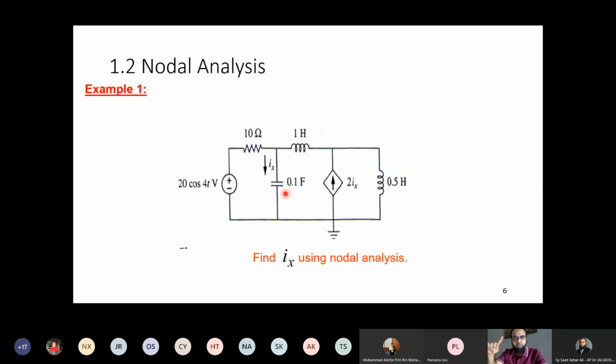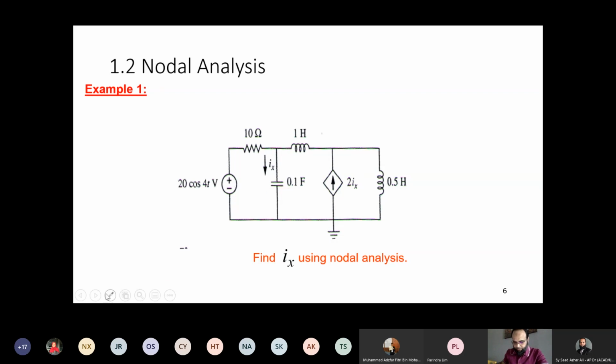Once again, remember, in resistive circuits we just have real values, but now we have frequency, so we'll have phasors. This means we'll be using complex numbers. Once again, a reminder for those who do not have a calculator that can solve complex calculations, it's a good time to invest in a good complex calculator.